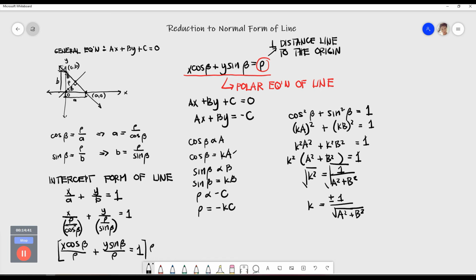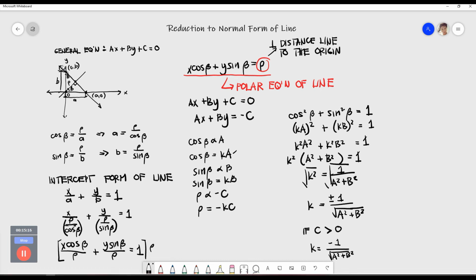Now we have a condition again wherein if c is greater than 0, and we transpose that positive 1 to the right side, it will become negative. Therefore we'll be using k equal to the negative of 1 over the square root of a squared plus b squared.